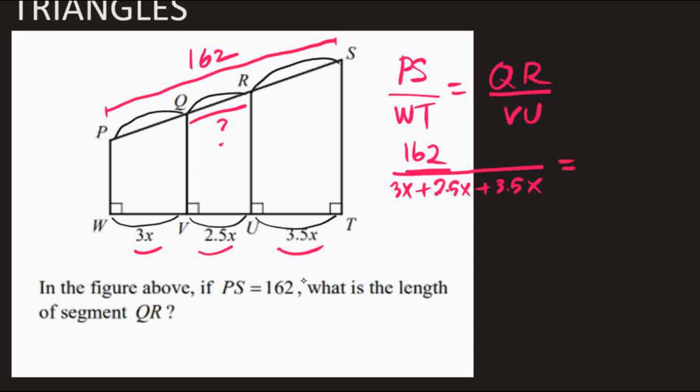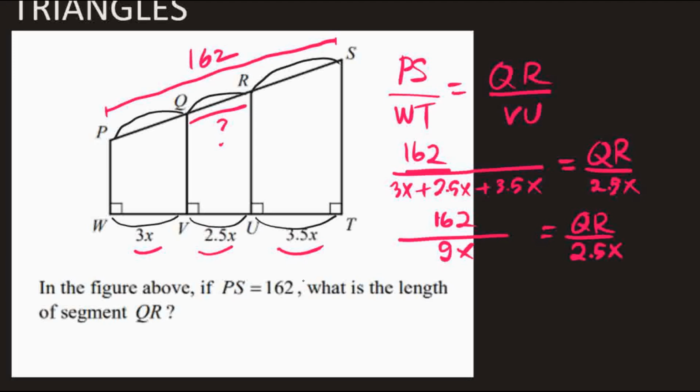QR, remaining QR over VW is 2.5. Now we get 162 over 9x is equal to QR over 2.5x.